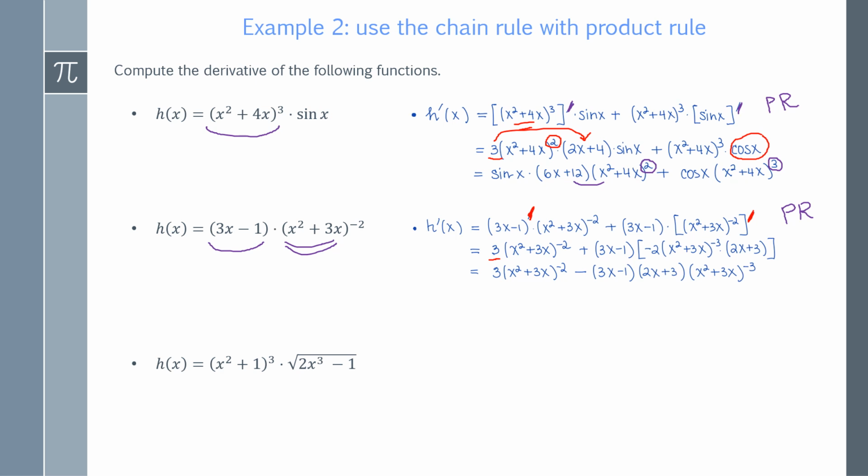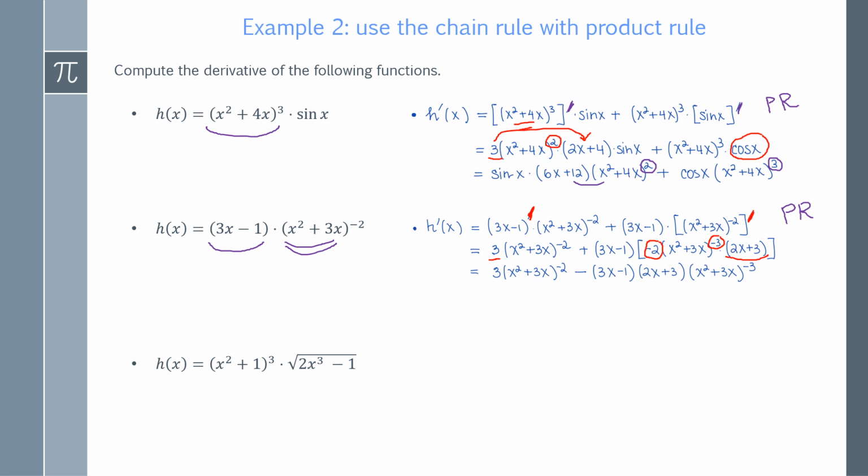And then the derivative of the second function, this is where we apply the chain rule. So what do we do? Negative 2 times (x squared plus 3x) raised to the negative third power. Why is that? This is negative 2 minus 1, and then times the derivative of the inside, and in this case it's 2x plus 3.